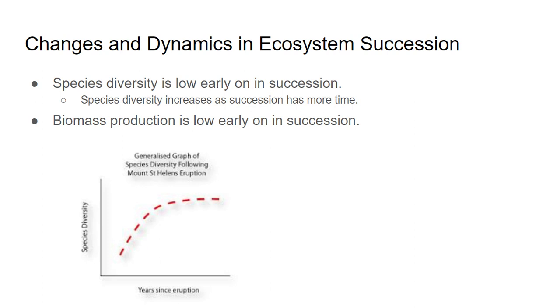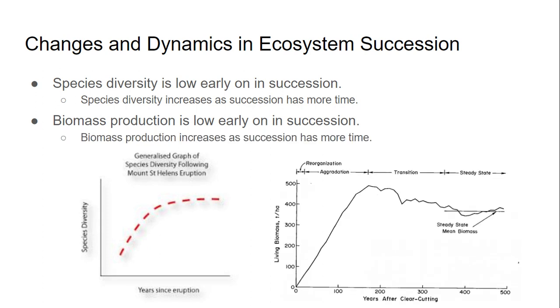And then the other thing we look at is biomass production. So biomass is just the total mass of anything living, right? Bio means life. Mass is just having to do with the amount of something. So we're looking at the amount of life production, which is low early on. So this also is going to increase as succession has had more time. So right away, there is not a whole lot of living biomass. Everything's been killed off.